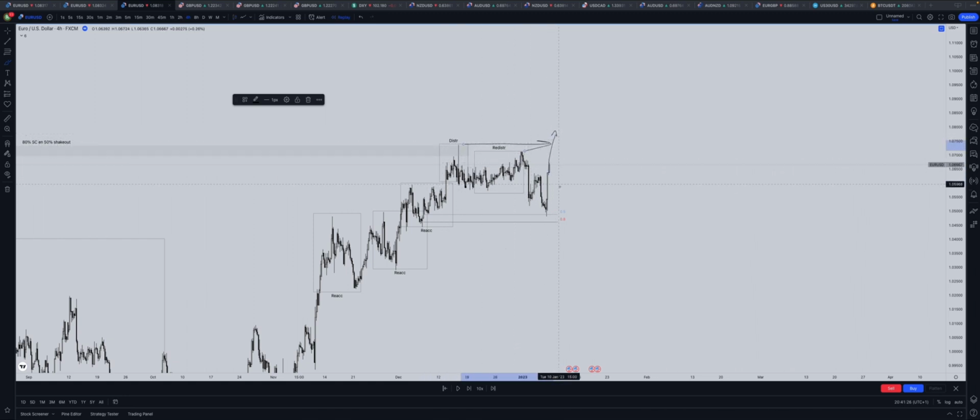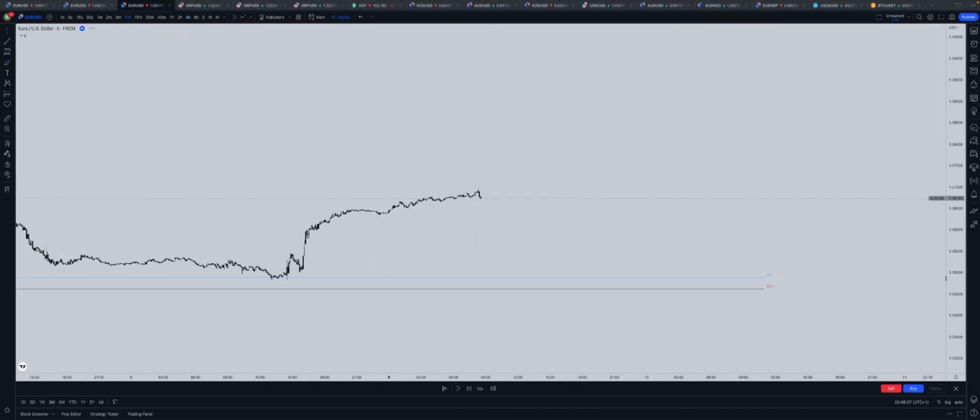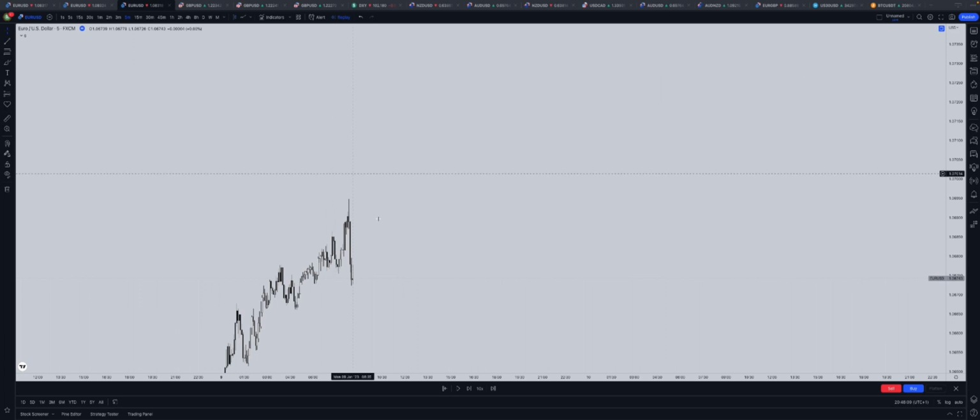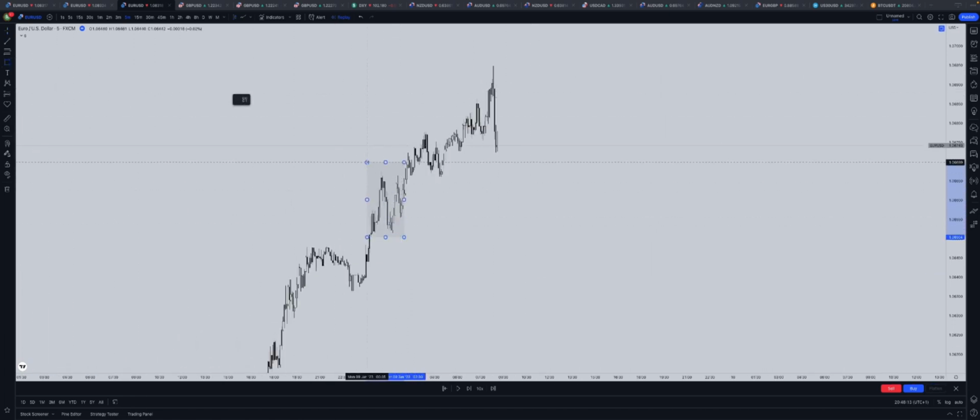So we got another big reaccumulation. And when we look at the lower time frame, we can see some nice reaccumulations forming again. So we have a few reaccumulations here, and we test the last reaccumulation around the 50%.